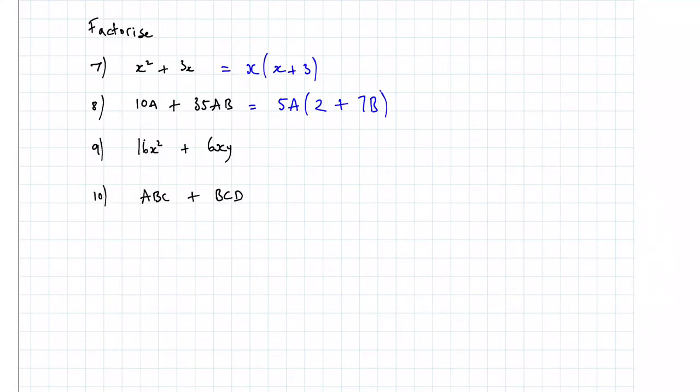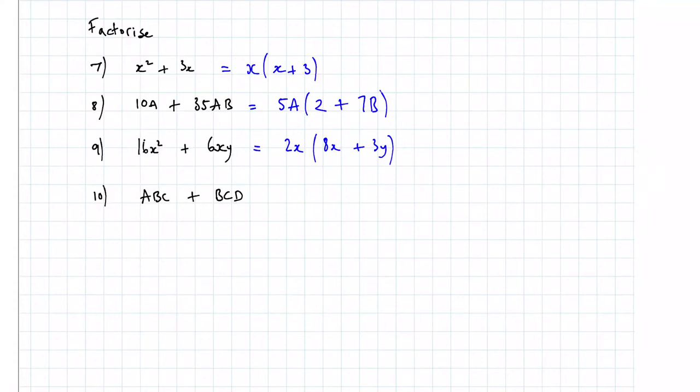Partial factorisation on this next question will cause you problems again. There's an x on the outside, but you've got to consider the fact that actually there is a 2 that divides into both parts here. So 2x goes on the outside. Now we multiply 2x by 8x to make 16x squared. Also multiply 2x by 3y to make 6xy.